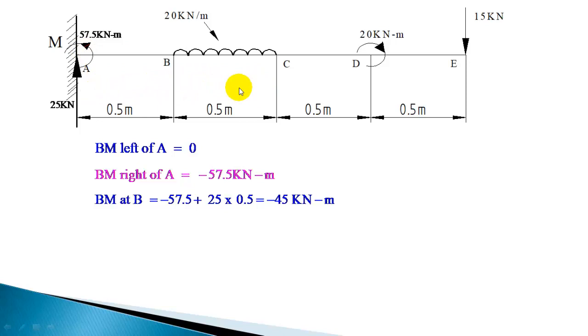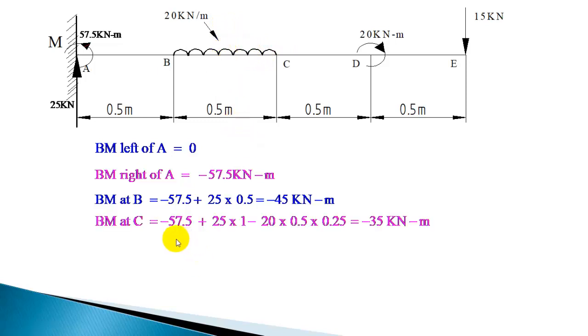The distance is 1 meter, so 25 into 1, and this UDL will produce an anti-clockwise moment, 20 into 0.5, that is the load, and it acts at a distance of 0.25, so minus 20 into 0.5 into 0.25. So that is the bending moment at C, minus 57.5 plus 25 into 1 minus 20 into 0.5, the load, into the distance 0.25, that will give minus 35 kilonewton meter.